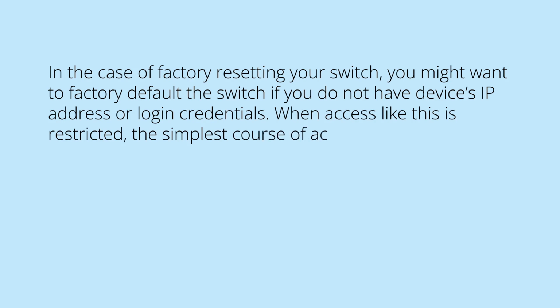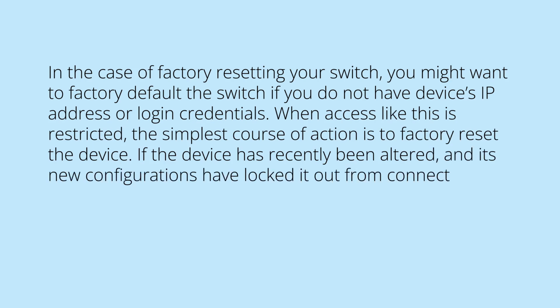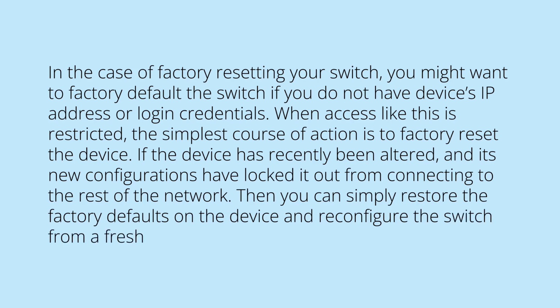When access like this is restricted, the simplest course of action is to simply factory reset the device and restore the original configurations. If the device has been recently altered and its new configurations have locked you out from connecting to the rest of the network, then you can simply restore the factory defaults on the device and reconfigure the switch to start from scratch.